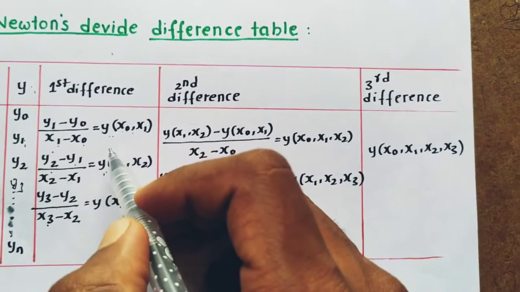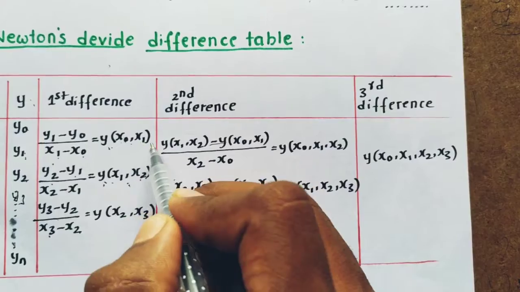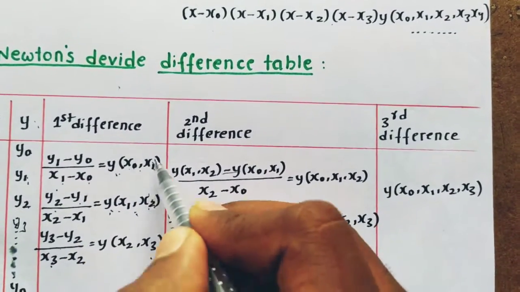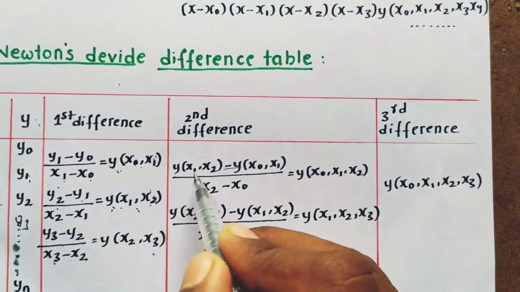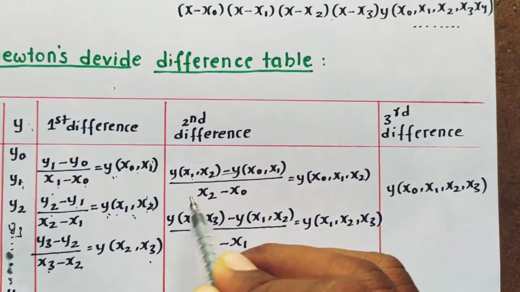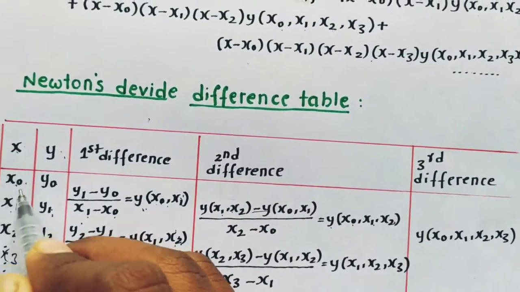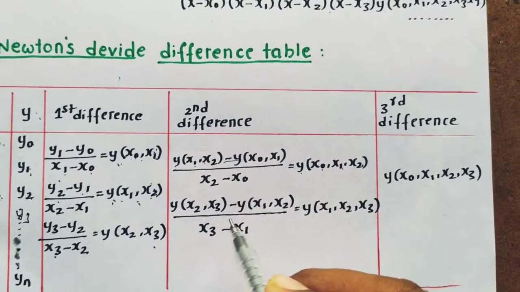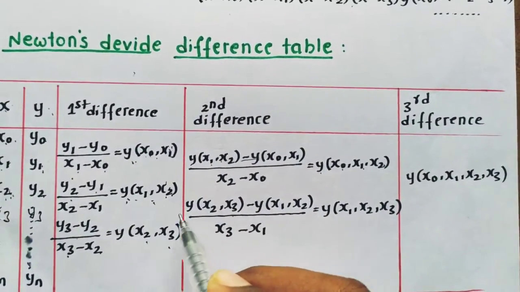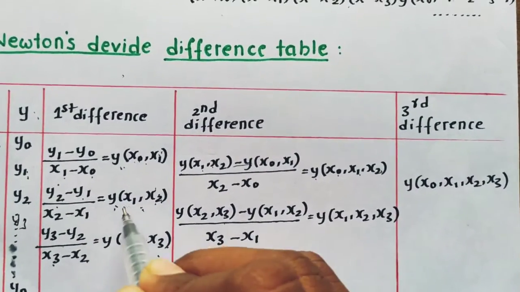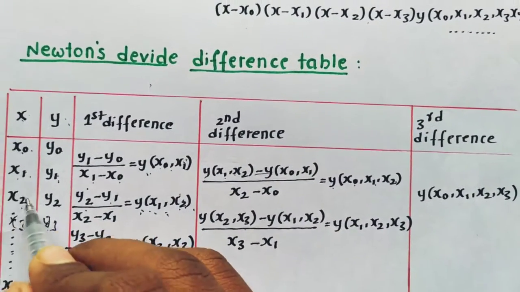The second difference is y of x1 x2 minus y of x0 x1, divided by x2 minus x0, which gives y of x0 x1 x2. Similarly, y of x2 x3 minus y of x1 x2, divided by x3 minus x1, gives y of x1 x2 x3.